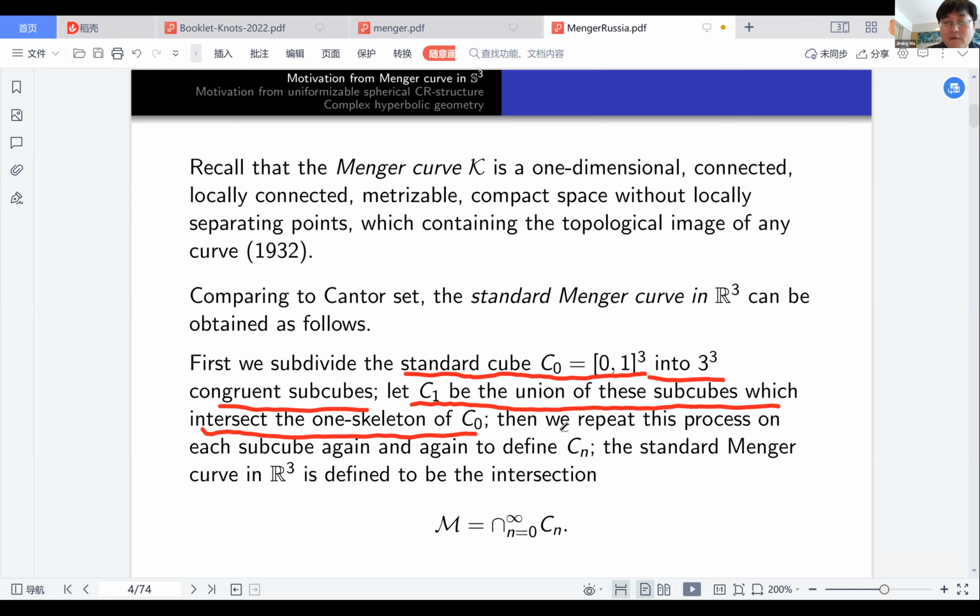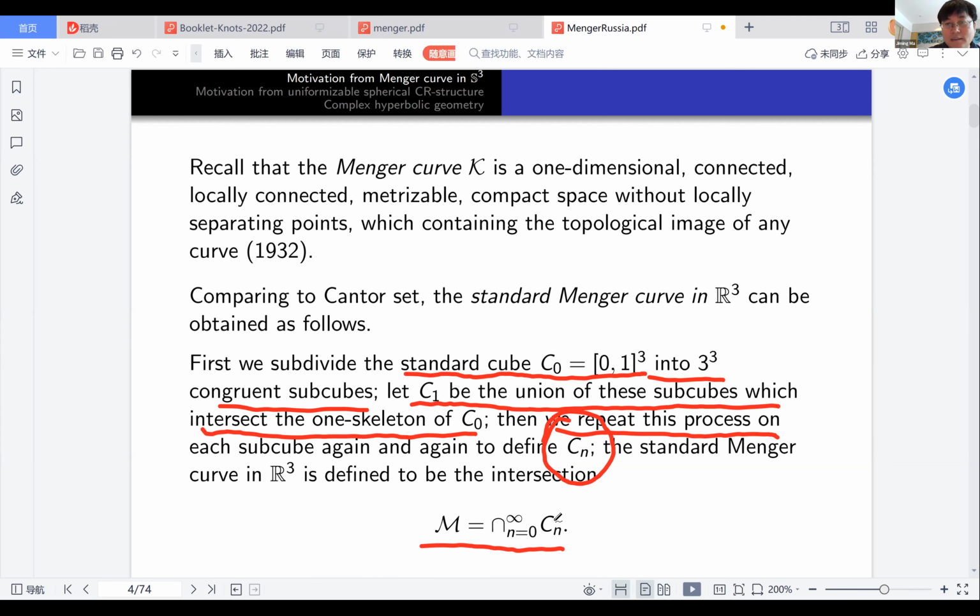Then we repeat this process on each subcube again and again to define Cn, and the standard Menger curve is by definition the intersection of all of these objects. So it is just the limit.